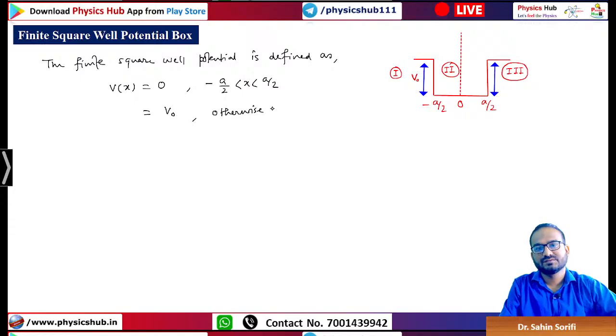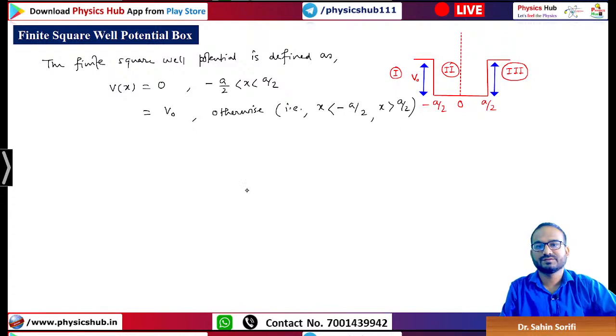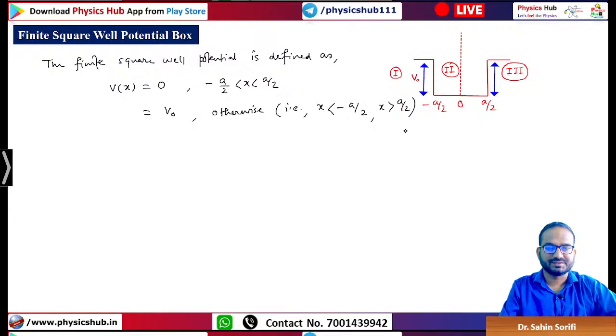Otherwise means we can also specify that when x is less than minus A by 2 or when x is greater than A by 2. This is what otherwise means here.